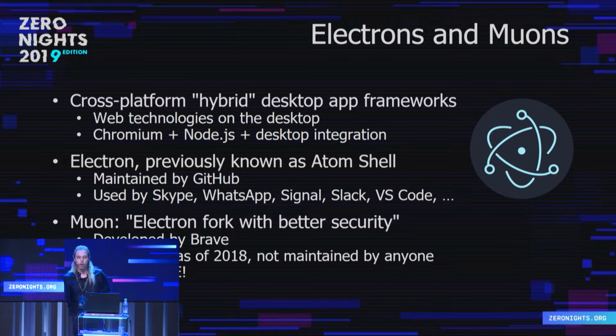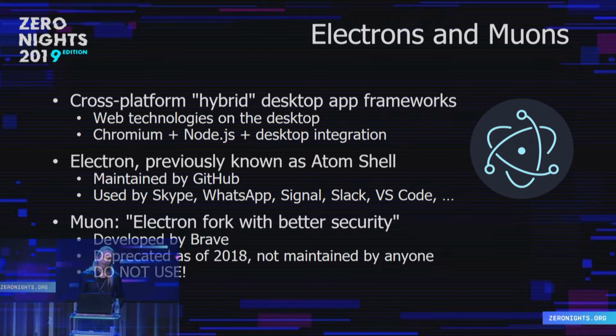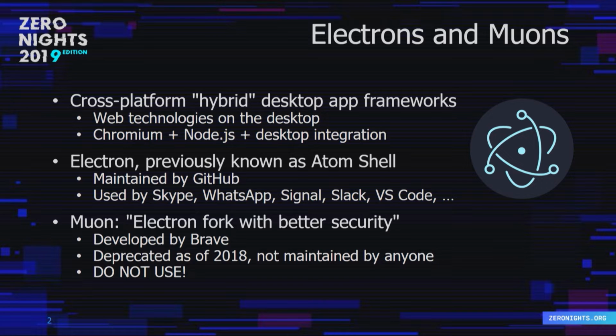Then there's also Neuron, which originally started as an Electron fork with better security. The unfortunate thing is that even though the original intentions were good, they wanted to harden Electron, the Neuron fork is no longer maintained, and that means it's hopelessly outdated and vulnerable to all kinds of things.